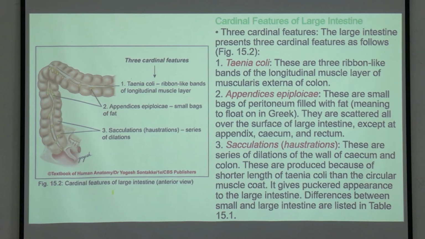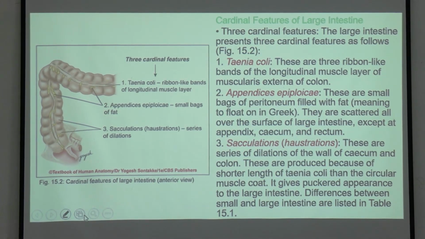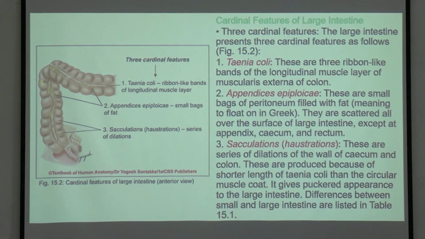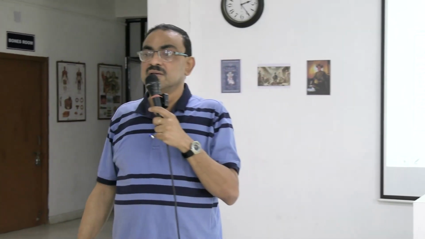With the ascending colon, what is the most important feature? The ascending colon is fixed to the posterior abdominal wall. It is a retroperitoneal structure, whereas the transverse colon is hanging with the help of a peritoneal fold, which is called the transverse mesocolon.